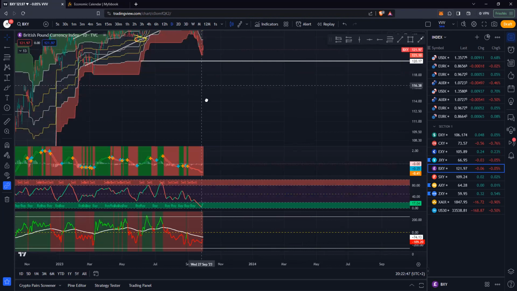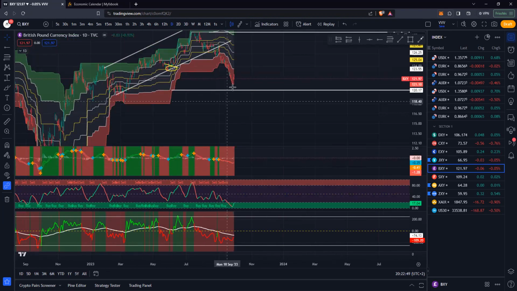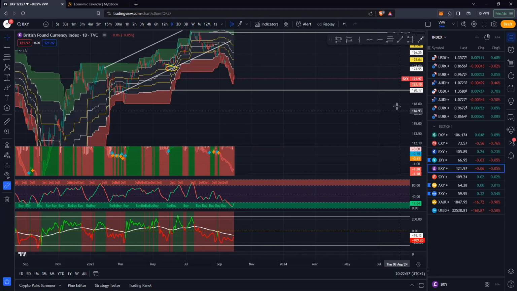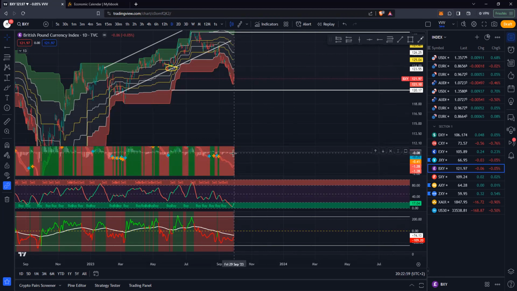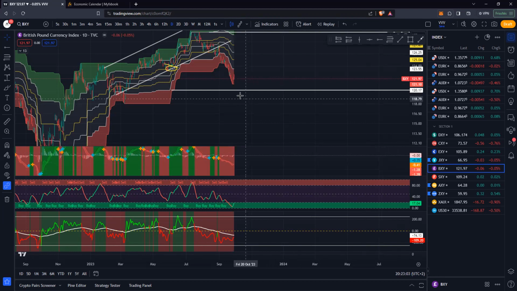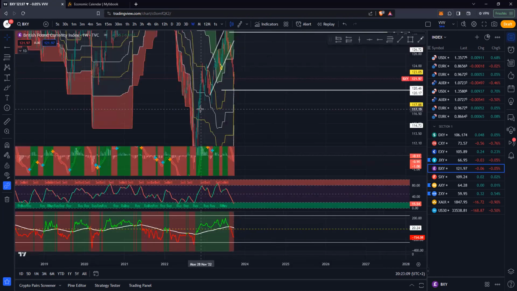Then the BXY almost reached the target zone here. But like you see, the volume is on a small spot. It's about to turn into green, actually, which means this target zone is not going to be reached.